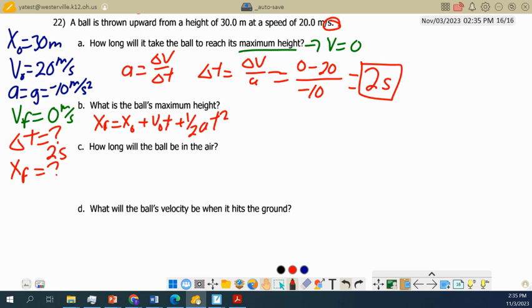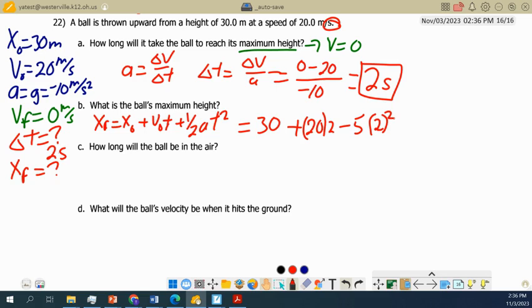Let's plug in our numbers and see what we get. x0 is 30 meters. v0 is 20 times 2 seconds. Plus 1/2 of our a. Our a is negative 10, so 1/2 of a is negative 5. Our t is 2, so we're going to square that 2.